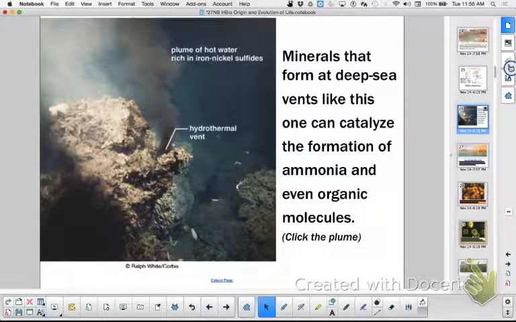Ammonia would be used up fairly rapidly, and a source of that could be iron and nickel. Where do we know iron and nickel comes from? The core, right? And you could convert nitrogen gas into ammonia. So that's underneath evolution of organic polymers, you would have energy at hydrothermal vents.